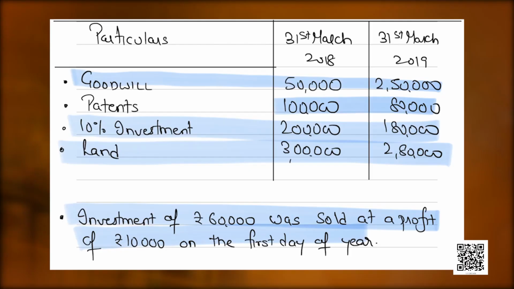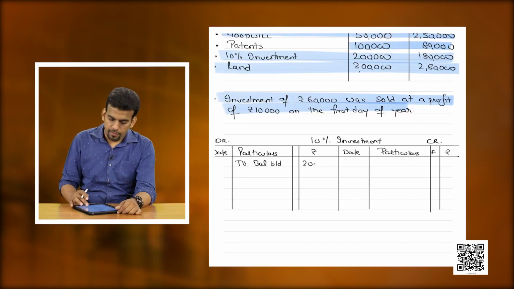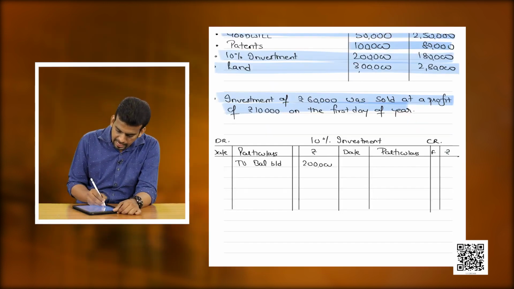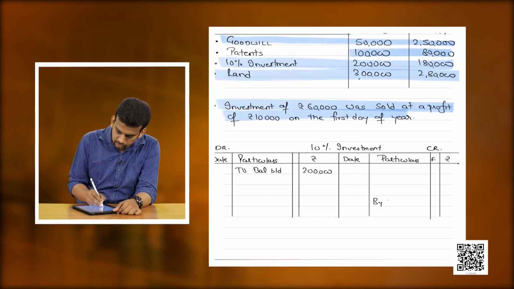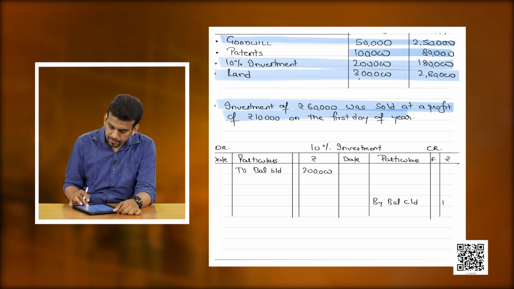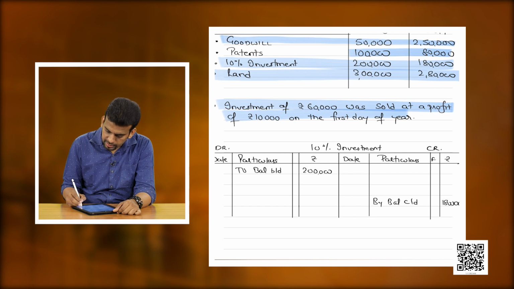Clear, students? Now, we have 10% investments. 10% investments, initially 2 lakh, then 180,000, then there is an adjustment. Let's make an account for investments. We have investment as an asset, so the balance will start from debit, opening balance on the debit side, closing balance on the credit side.